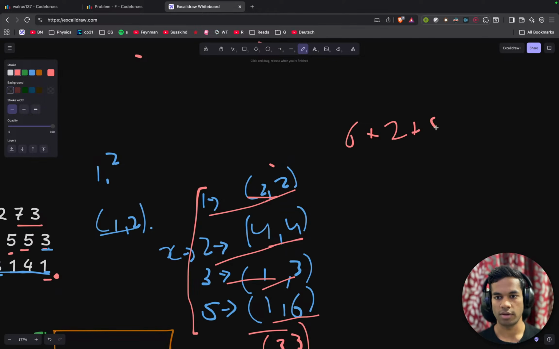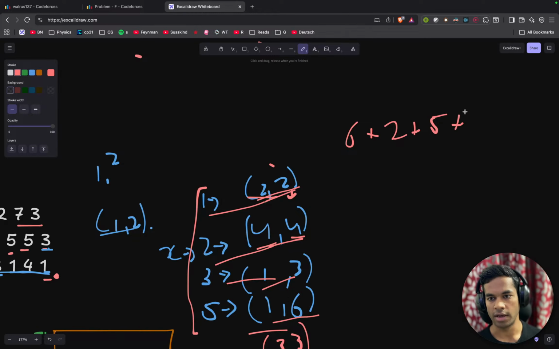2 plus 5. We begin from here. We either go from this point to the minimum or the maximum, both are same, and therefore we add 2.